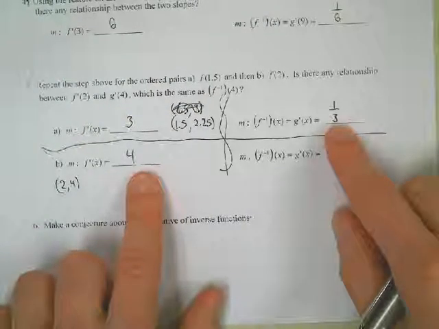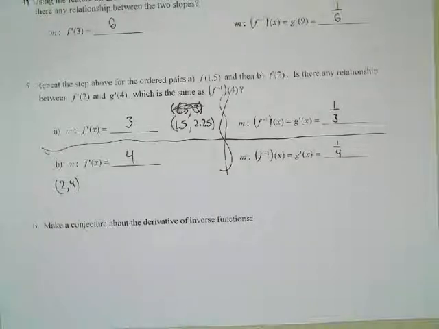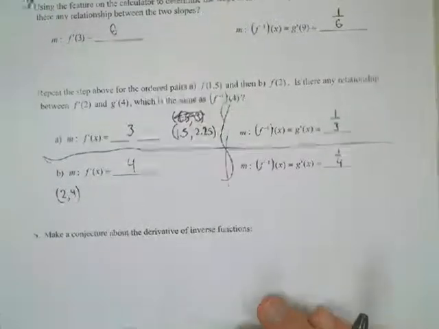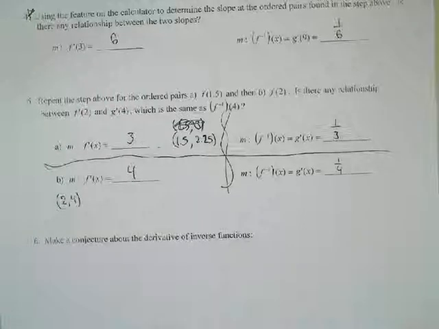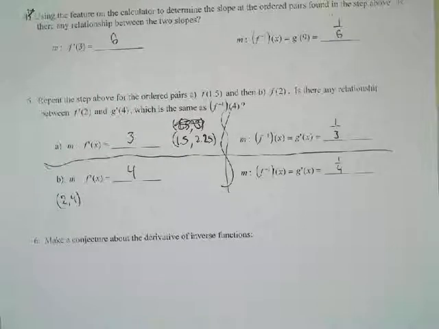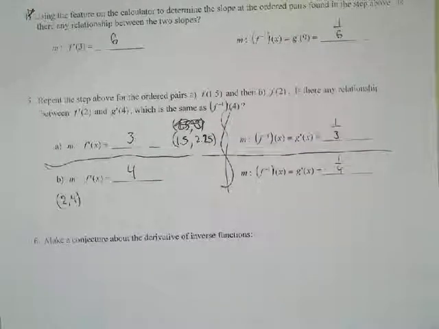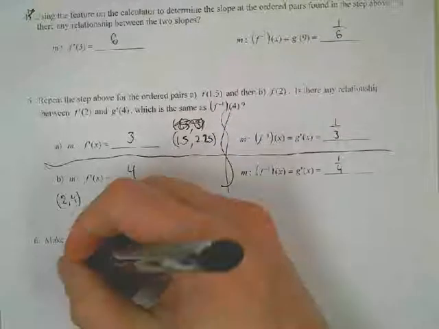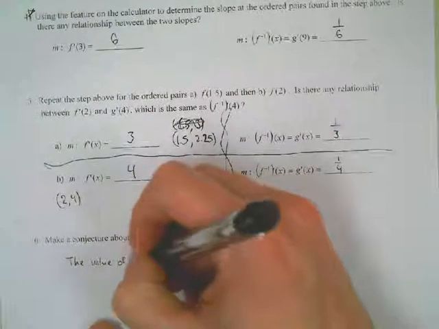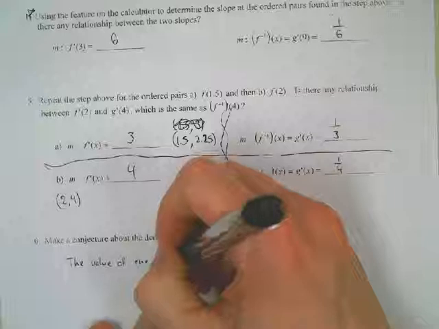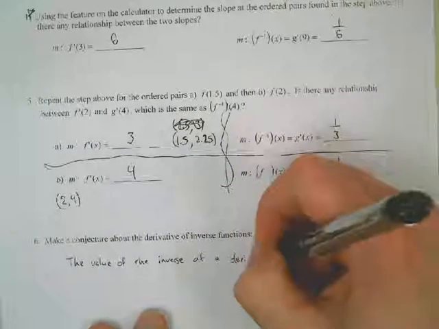So what do we see here maybe is the relationship between these two things. Not inverses, they're reciprocals, right? It's 1 over your slope.